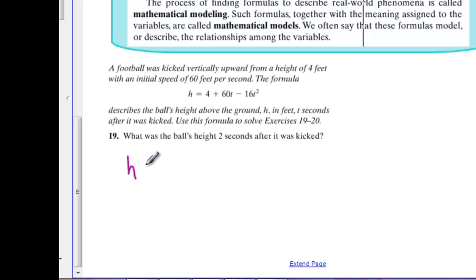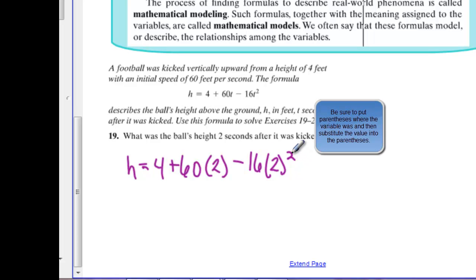So our height is going to equal 4 plus 60 times 2 minus 16 times 2 squared. Let's see if I can do this without a calculator, and somebody feel free to do it with a calculator behind me. So 2 squared is 4, and 4 times 16 is 64.